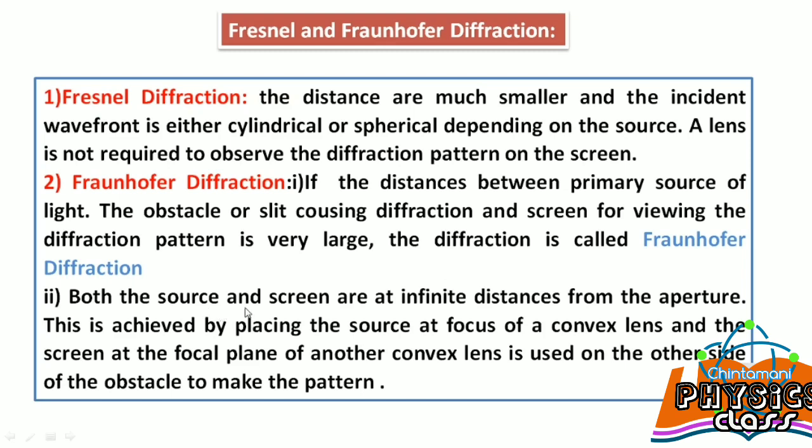Both the source and screen are at infinite distance from the aperture. This is achieved by placing the source at the focus of a convex lens and the screen at the focal plane of another convex lens used on the other side of the obstacle to form the diffraction pattern.